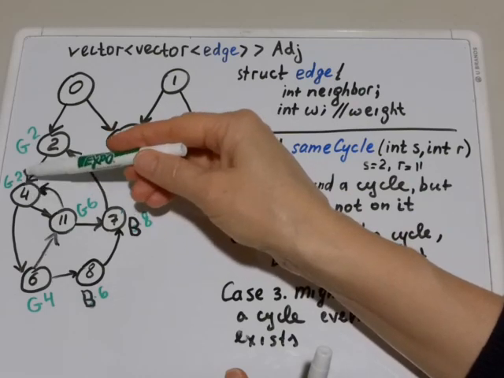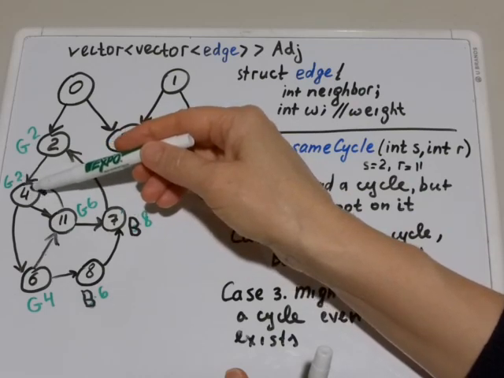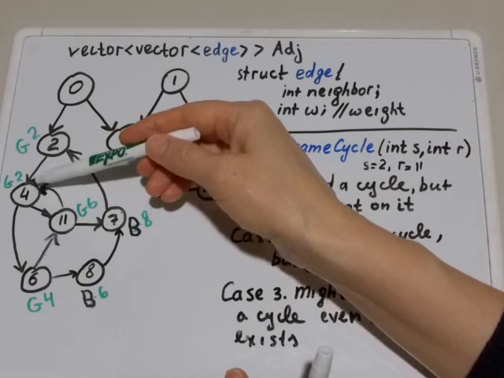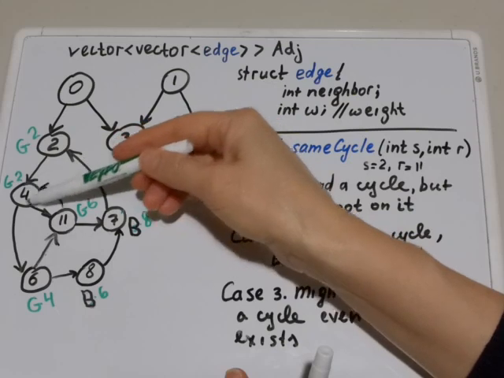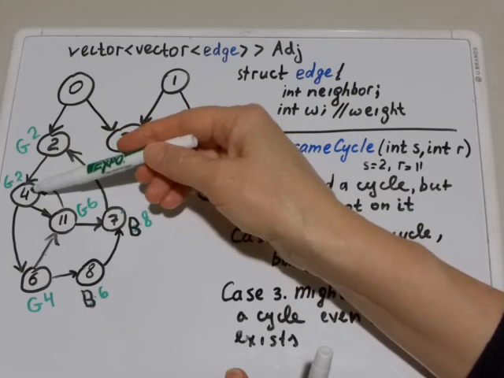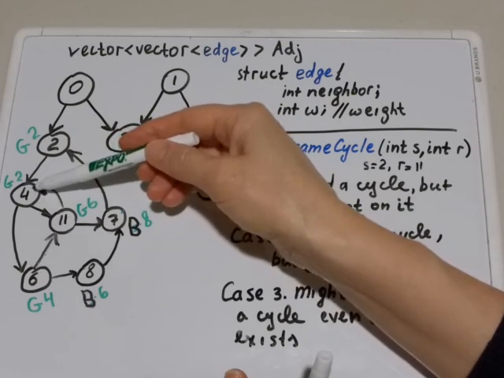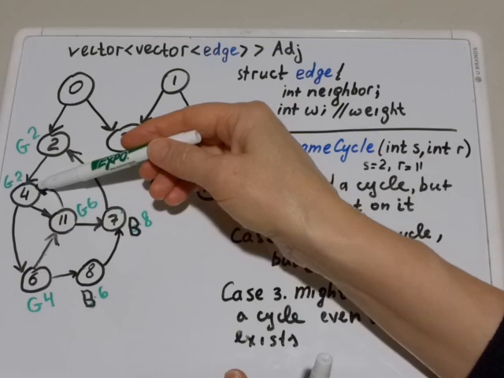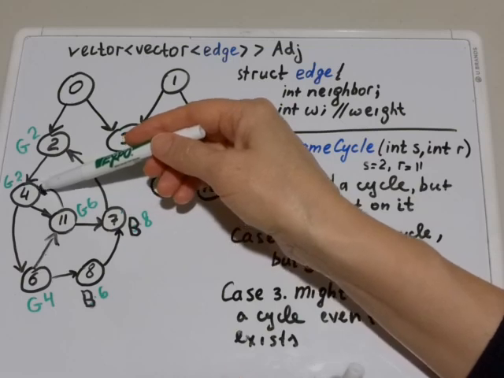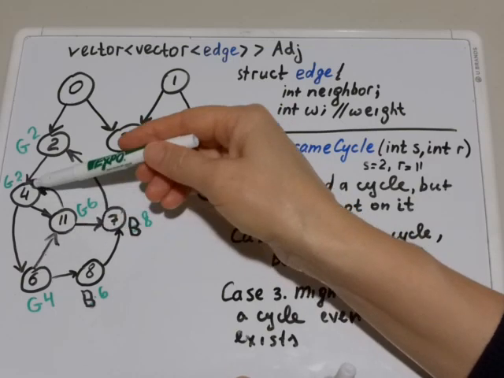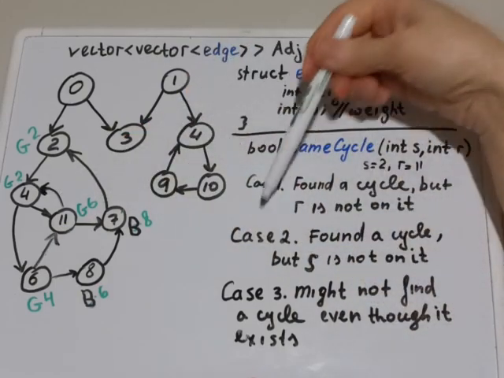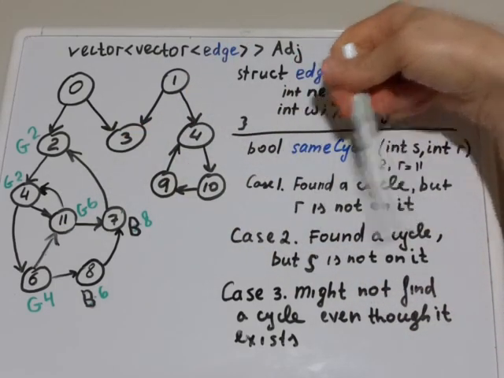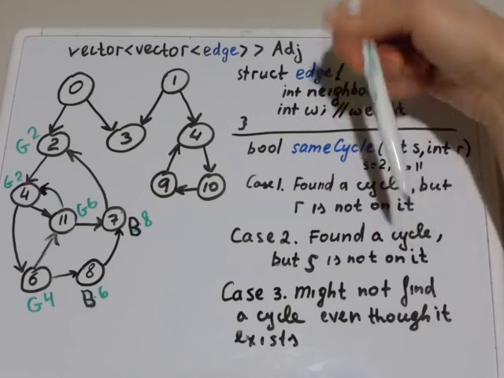Because if it is equal to itself, that means it is our vertex on which we started DFS visit. But it is not the vertex that we started DFS visit. That means it's not our S. That means our cycle that we found doesn't contain S. So we do not even have to backtrack it right now. So this is case 2. We found a cycle, but S is not on it.